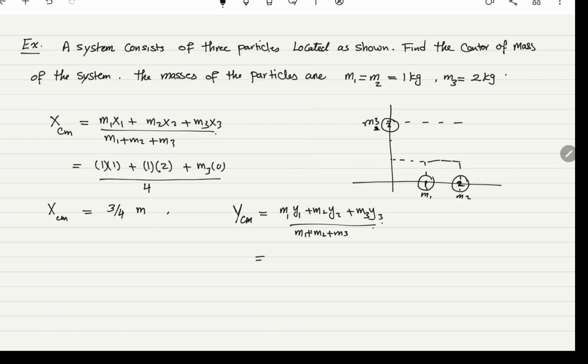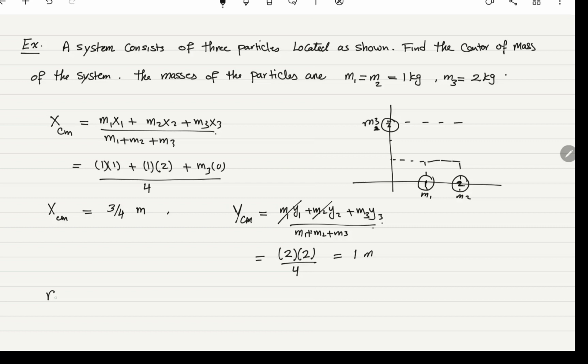There is no y position for m1, and not even for m2. So it's equal to 2 times its position 2, divided by the total mass, 4, which is 4 divided by 4, equal to 1 meter.